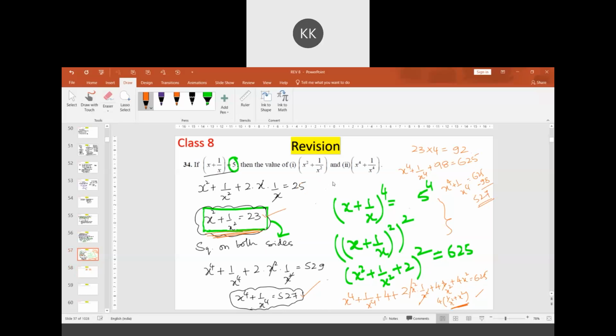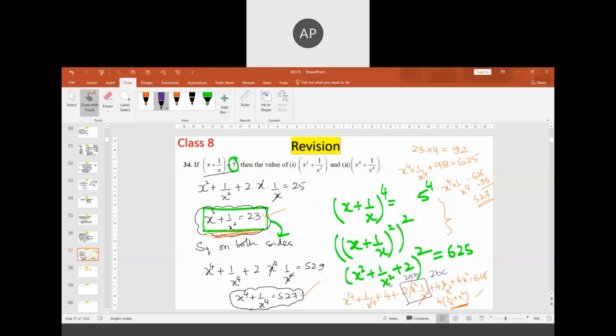Sir, I have a doubt. After 2x square into 1 by x square, how did 4 into 1 by x square plus 4x square come? You tell me how this is written. This is the 2ab term, correct? This is the 2bc term.